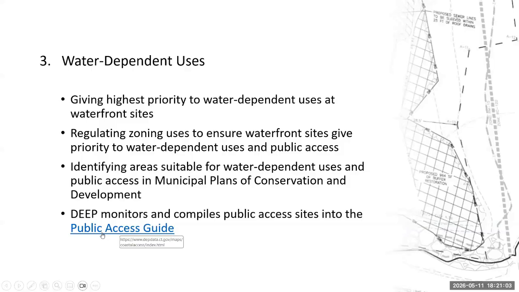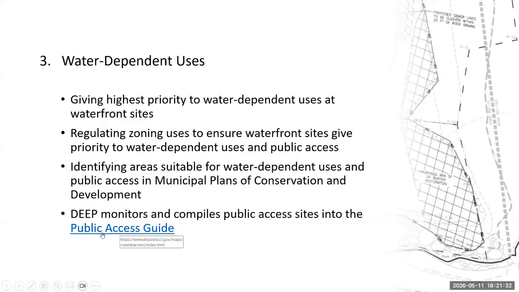And then whenever one of those parcels comes up for redevelopment, it happens where they come before a planning and zoning commission. You can look at your POCD and say, oh yeah, we really want to get a walkway along the entirety of that waterfront. And it makes it that much easier to require that as a condition of coastal site plan approval if your planning documents are identifying that as a great area for public access.